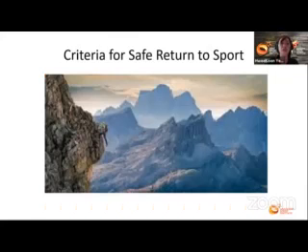Okay, so with that, if an athlete had gone through from acute phase to the return to ADL, return to sporting activities, are we happy to say you are fully safe to return to sports? Or is there other criteria that we need to take into consideration?